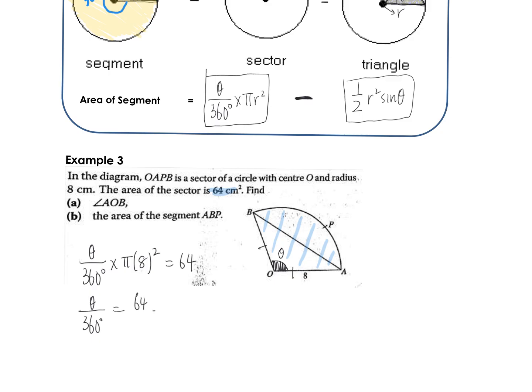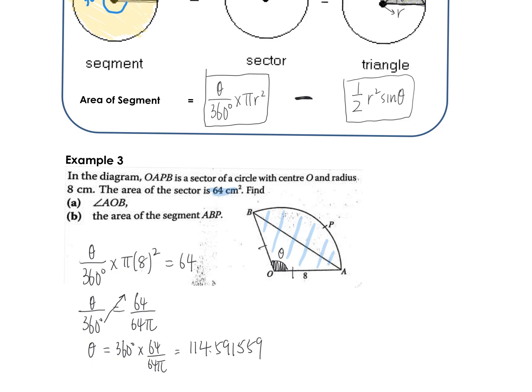So 64 divided by 64 pi, and then you cross multiply the 360. You can skip steps. So answer is 114.591559.